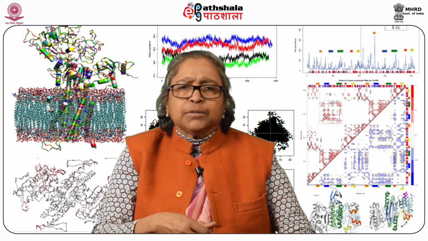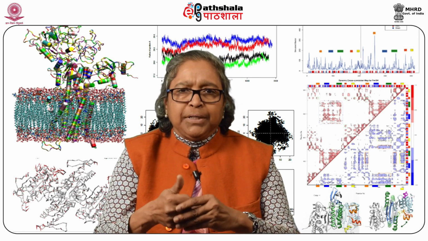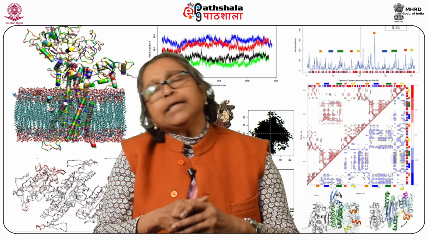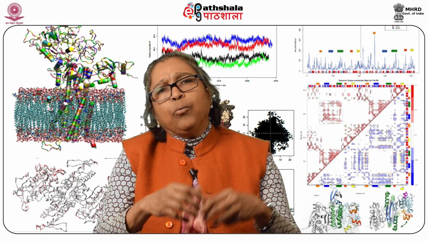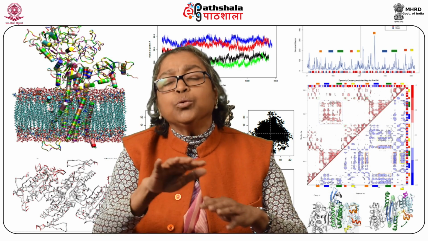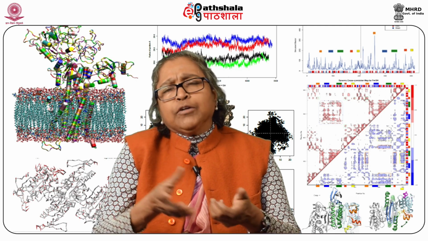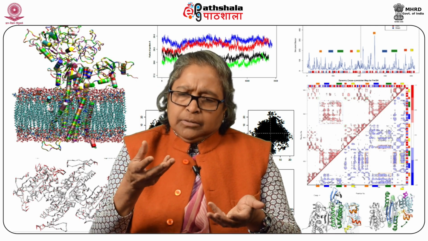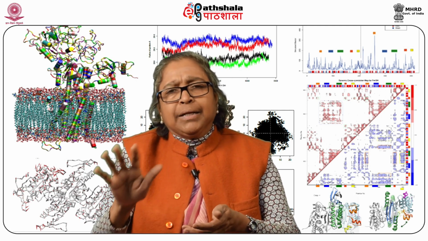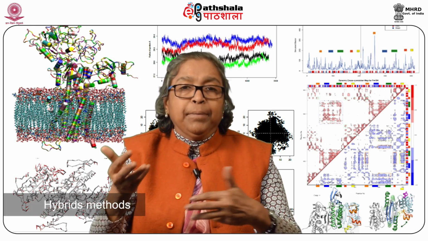So, as I explained, there can be explicit solvent molecules as shown in the previous picture. Also, one can take care of it by using something like a continuum method. That is, we can treat the solvent as implicit and a completely continuum solvent, and the effect of it on the solute can be approximately calculated. There could be another method, a hybrid method between the two.